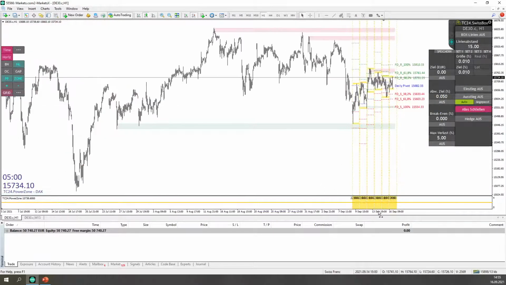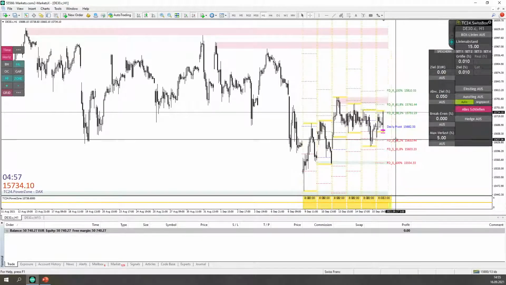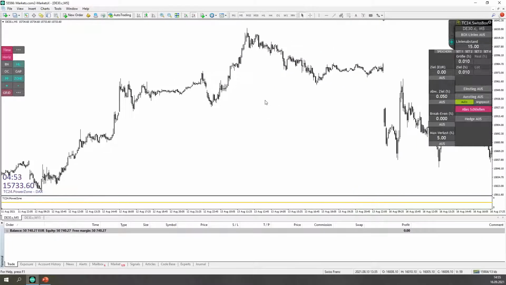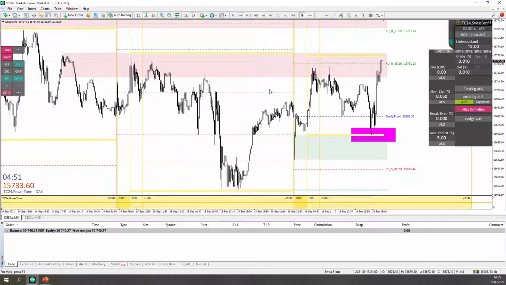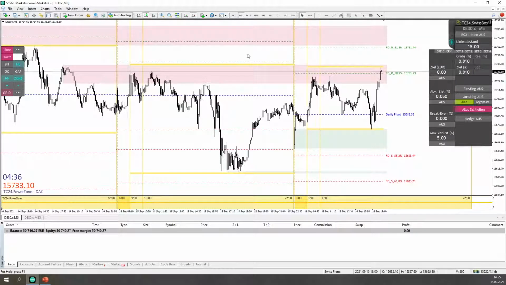Or you can also switch time frames, then you see it in a much bigger time frame. That's basically coming from price action trading, trying to get your profits from the movements into a bigger movement. And that's something you can try to establish in your trading style by using this type of zones.